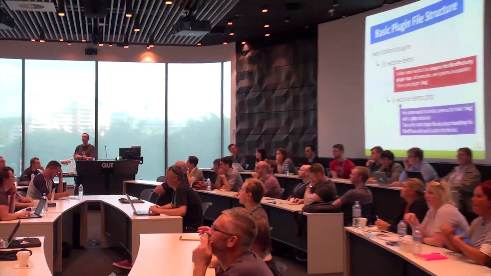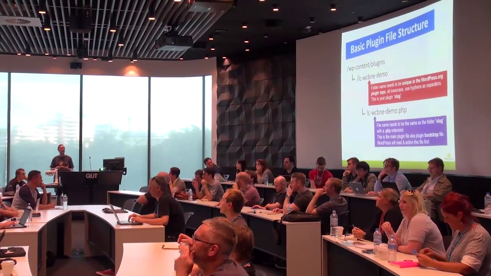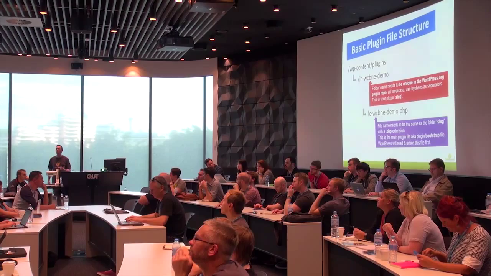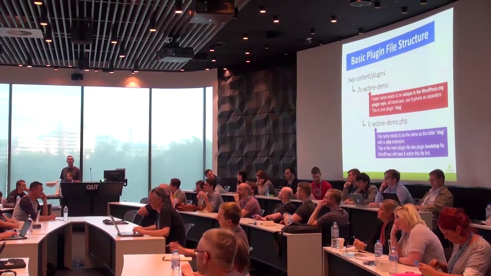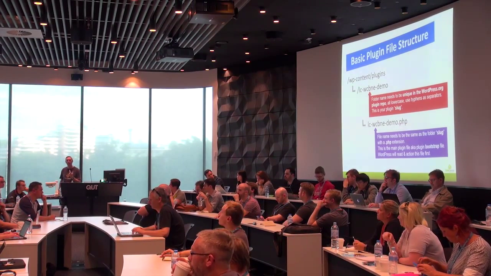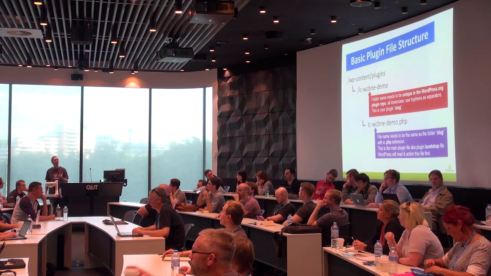So let's launch right in. A basic plugin file structure. What you're going to need is, in your wp-content/plugins folder, a folder name. The folder name here is lc-wcbne-demo. The reason it's so complex is because it needs to be unique. Every plugin that you develop needs to have a unique folder name, and that's usually called the plugin slug.